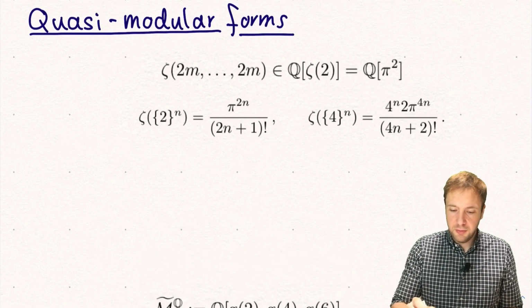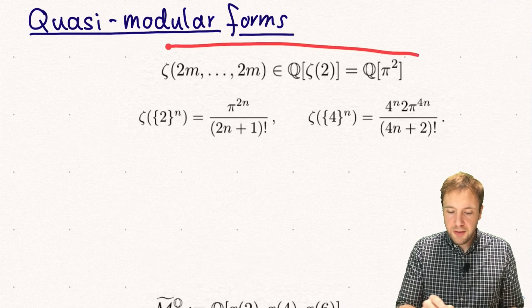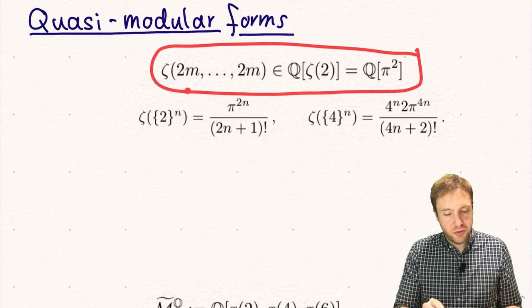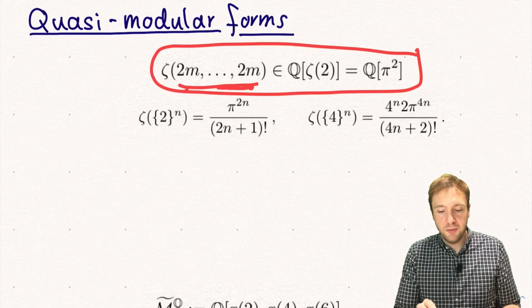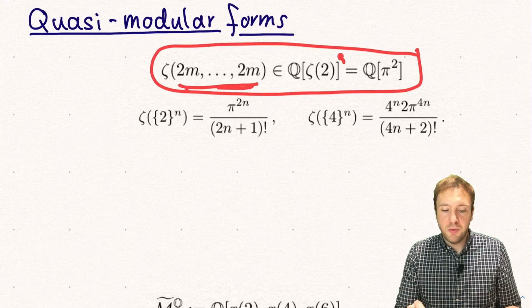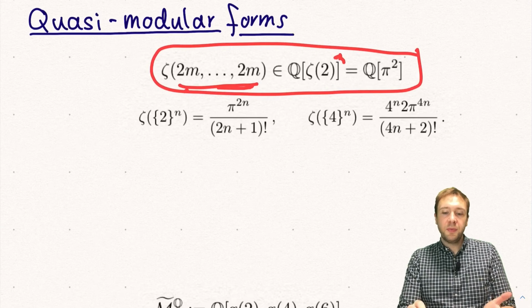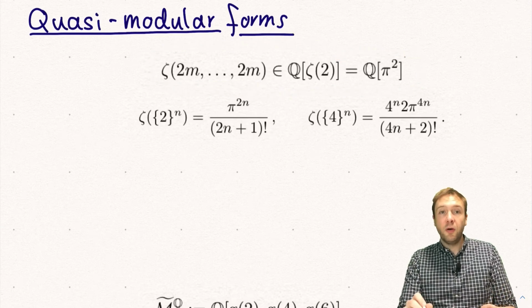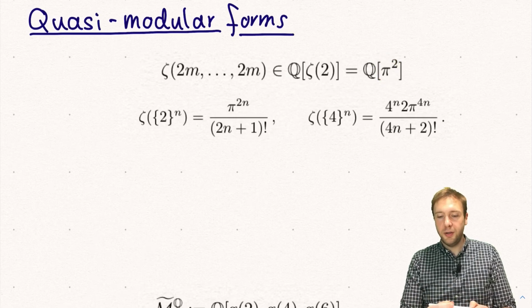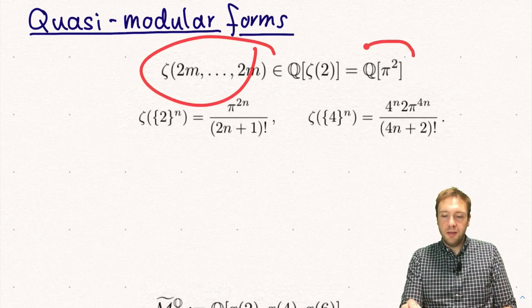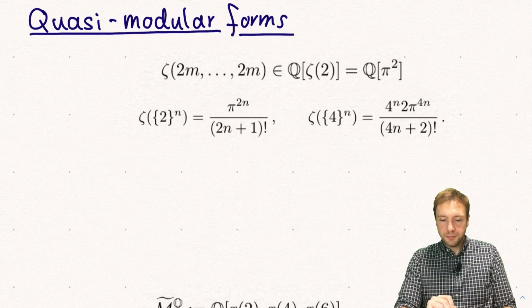Again, we saw before that zeta of 2m, and so on, is always a polynomial in even zetas. But we also know by Euler that even zetas are always polynomials in zeta 2, because they are all polynomials in pi squared. So they are all in this ring here.